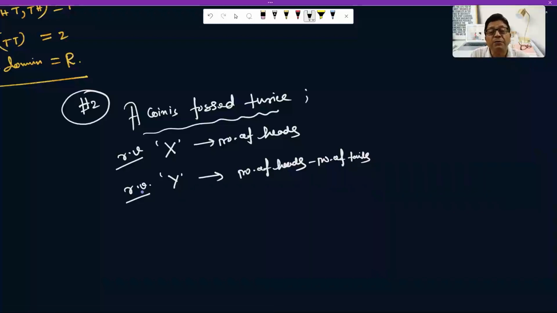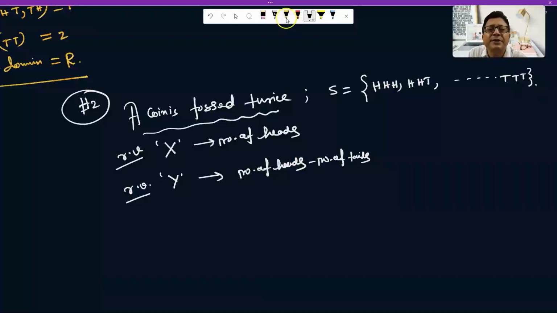Sample space, all of you know, S is equal to HHH, HHT, and so on. This way 8 combinations are possible. I am not writing all because I'll just explain the concept of random variable, I mean the action of two different random variables X and Y. X denotes number of heads.